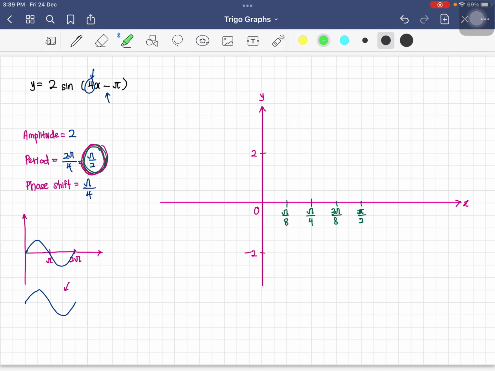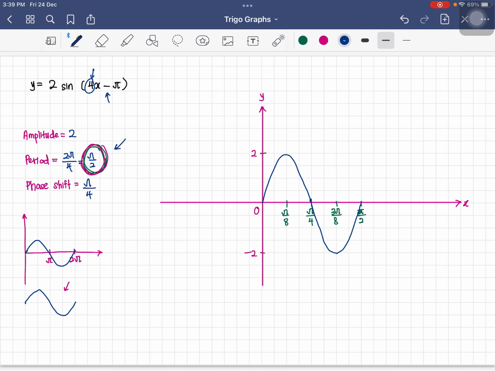So I already have from 0 until pi over 2. So my one complete cycle of this sine of x will be something like this, with the amplitude which is 2, and one complete cycle from 0 until pi over 2. So I follow my period.